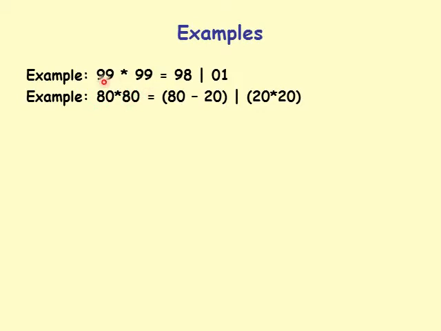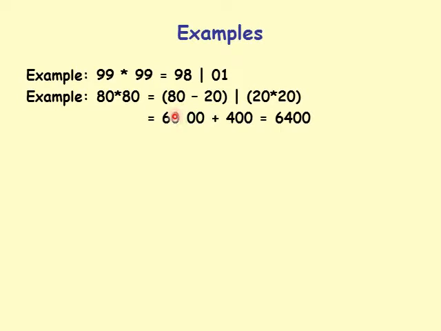80 times 80. Let's take a base of 100. The deviation is minus 20, so it is double the deviation. 80 minus 20 on the left and 20 times 20 on the right. Let's continue here. Let's square the deviation here.